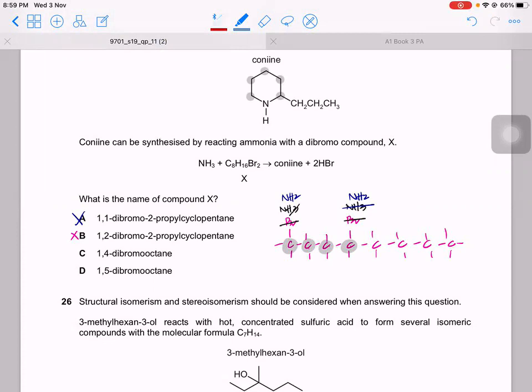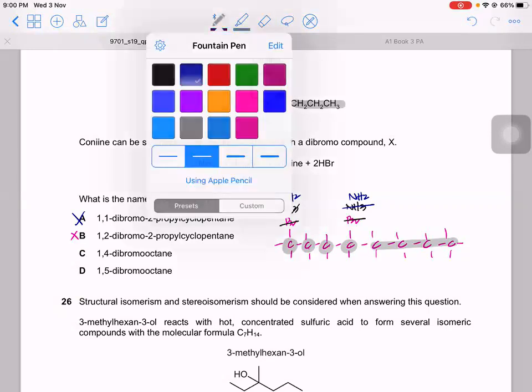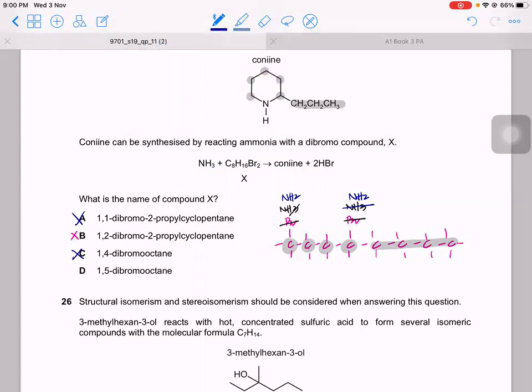If we try to make it into a ring structure connected via nitrogens, you see, you will have only 1, 2, 3, 4 carbons in the ring. And you will have how many carbons on the side chain? 1, 2, 3, 4. But we have how many on the side chain? 3. Therefore, this can't be the answer.